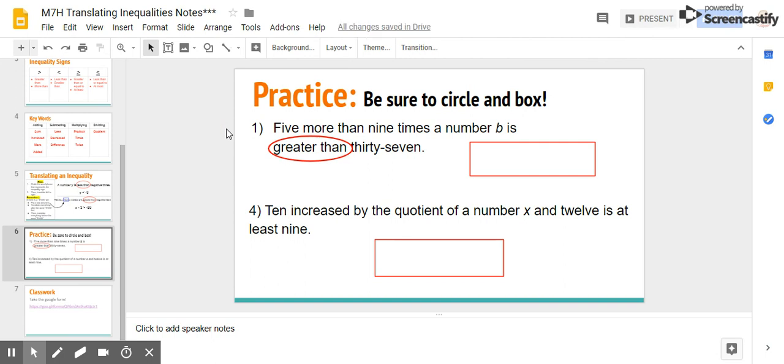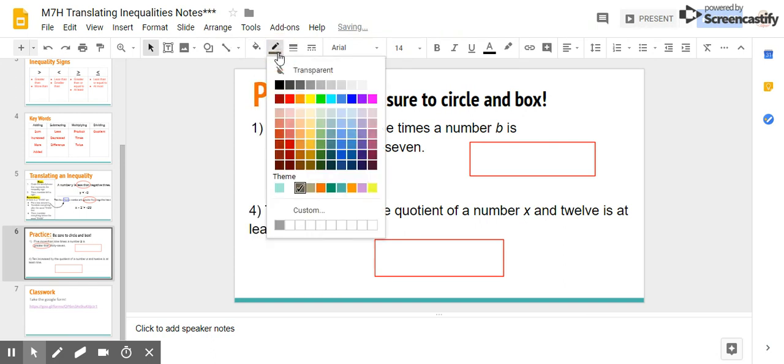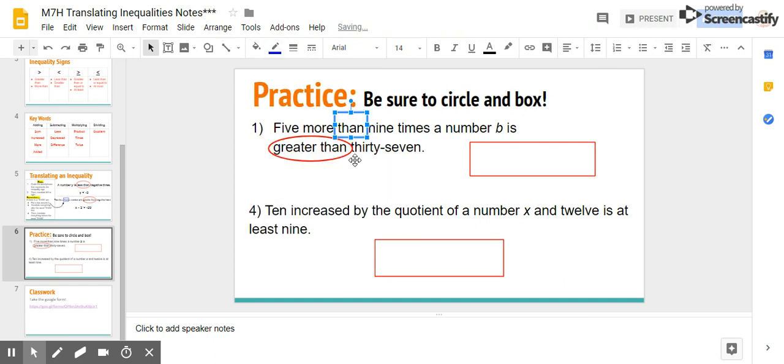So let's make it so we can see that symbol. Now let's look and let's see if we find the word than. 5 more than, yes we do. So we're going to come up here, get a box, put a box around the word than. Okay, now we're going to go backwards when we translate, which means everything that comes after the word than, we're going to write first, and everything that came before the word than, we're going to put second.